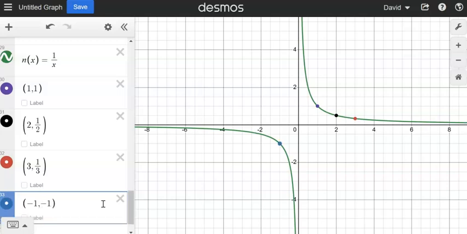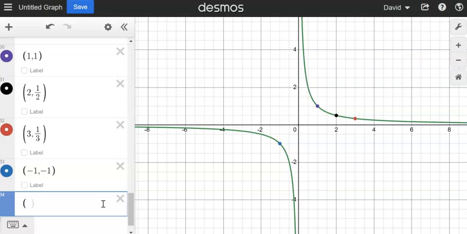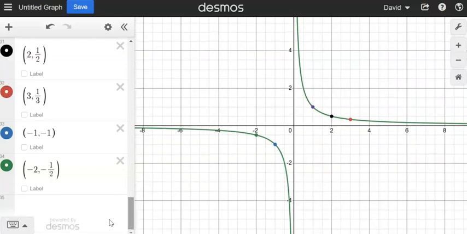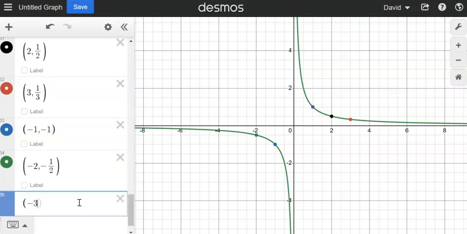Okay. Yeah, looking good. So again, it has that rotational symmetry. So like minus 2, minus 1/2. If you look at it, that 2, if you rotate it around, boom, oops, I shouldn't have clicked. That one, boom, let's try it, minus 3, minus 1/3. Aha, okay. So that's cool.